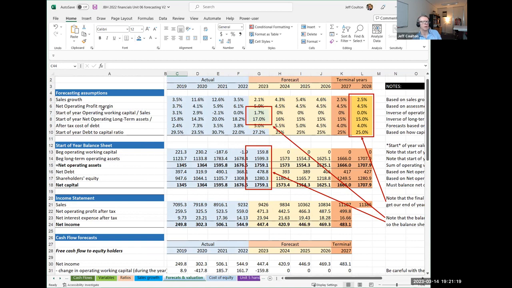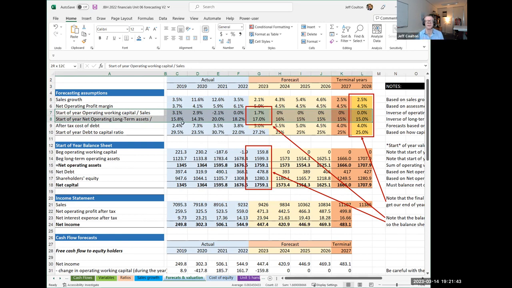I'm forecasting a profit margin, and I'll forecast operating profit margin. And that gets me, given the level of sales that I'm forecasting, net operating profit after tax. I'll forecast these two rows here. They're the inverse of my turnover ratio. So rather than sales over assets, it's assets over sales.